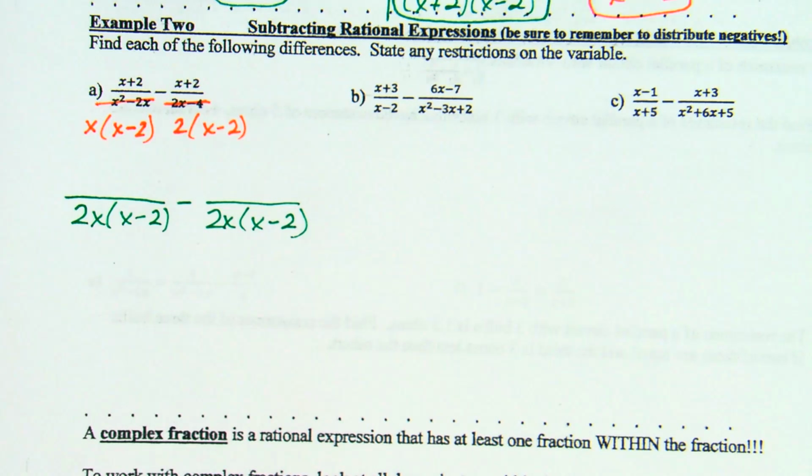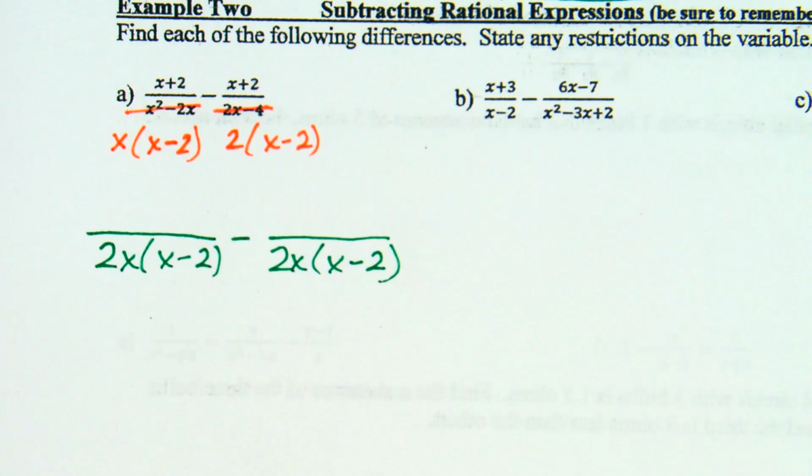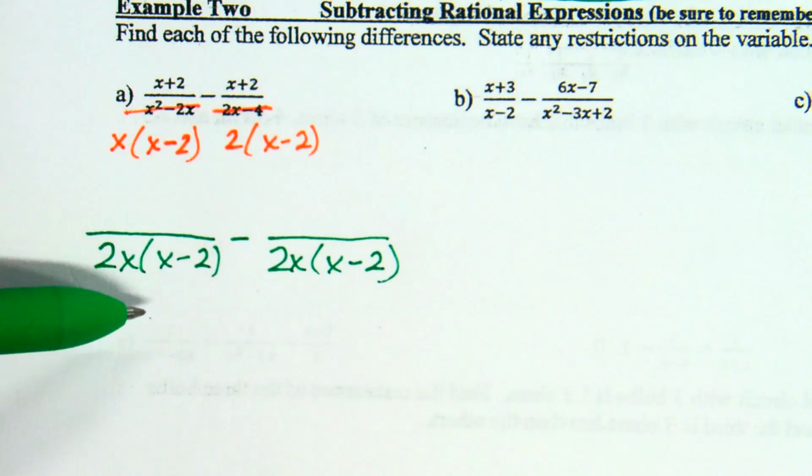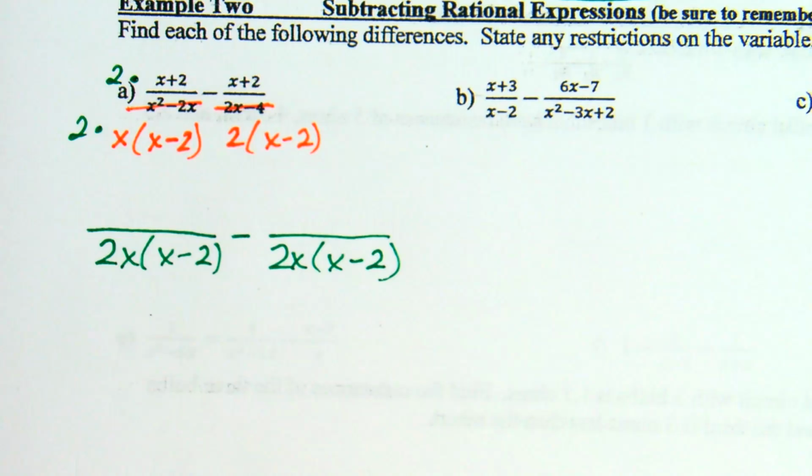Okay, so now we've got to actually get that common denominator, right? So look at your first fraction. It was x minus 2. How do we get to the common denominator of 2x, x minus 2? Multiply by 2. If I multiply my denominator by 2, we got to multiply the numerator by 2. How talented do you feel?